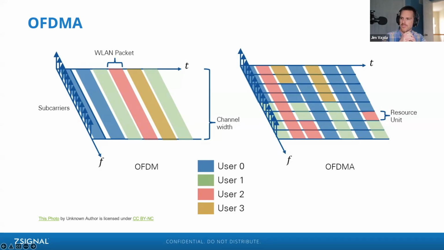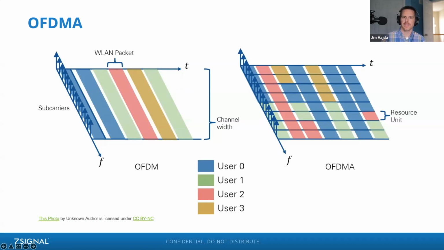One of the other benefits of OFDMA is that we're doing that channel access protocol less often. If clients are transmitting simultaneously during one period of OFDMA, then the AP has to win channel access for that to happen once, instead of each of those clients having to win channel access individually.